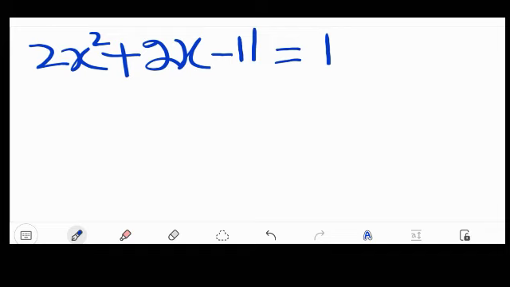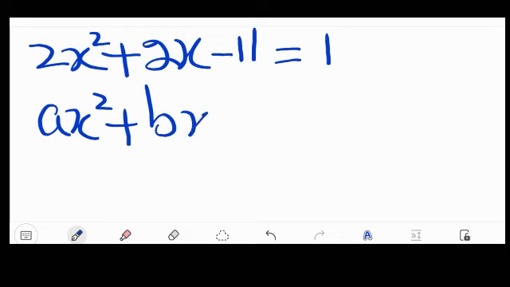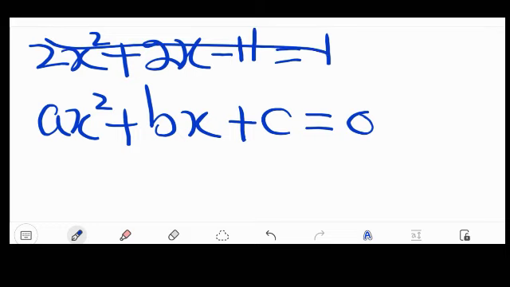Just let me write the general form, as we already know, ax square plus bx plus c is equal to 0. So now the given question is not given in a quadratic form.